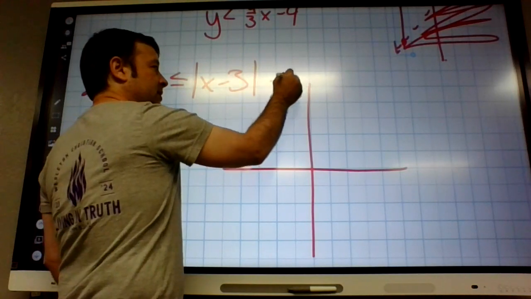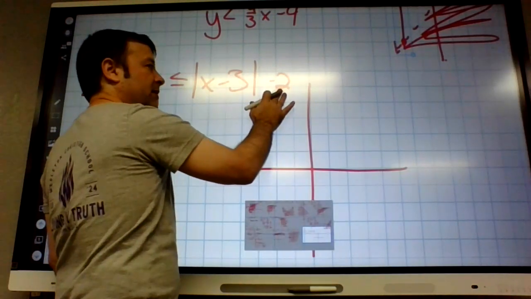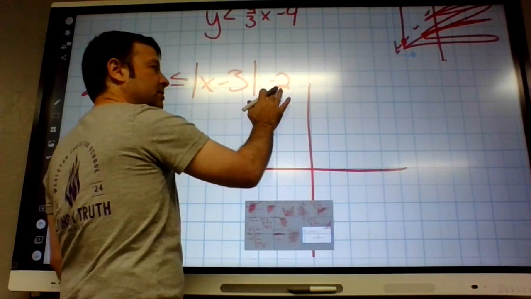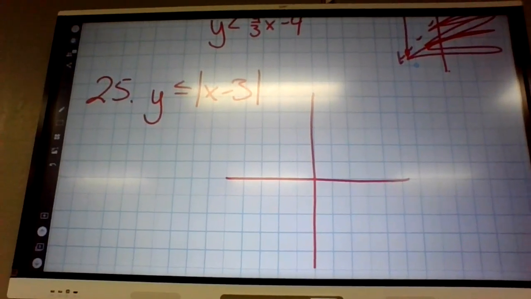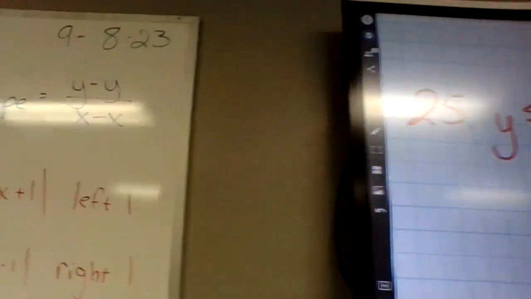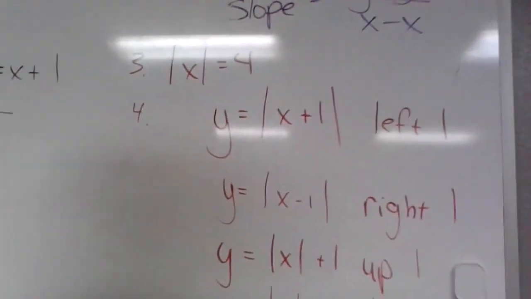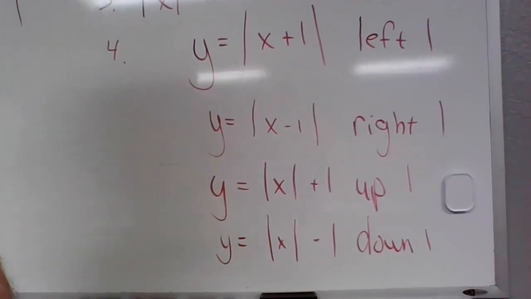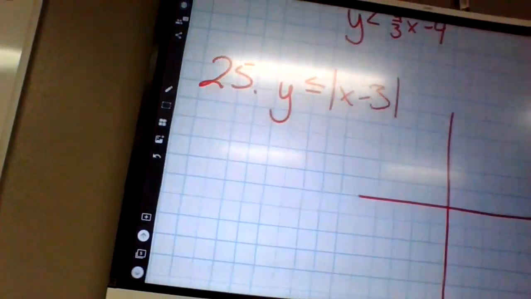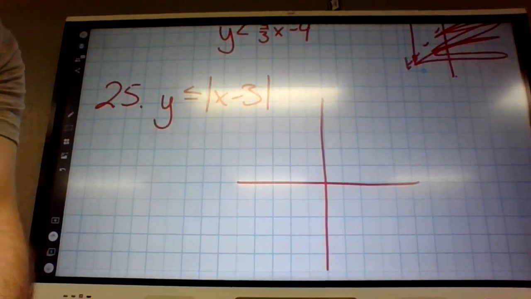If it's out here, that moves it up or down. So that'd be like down 2. Okay? If you forgot the rules, I wrote it right up here on the board for the other class. So, yeah, that's how you do it.